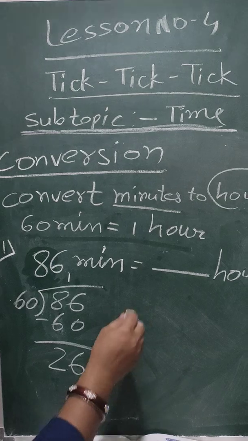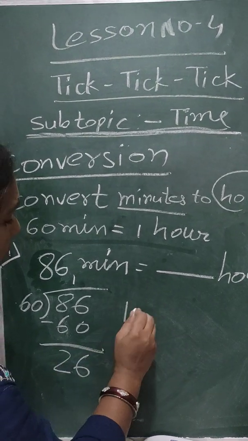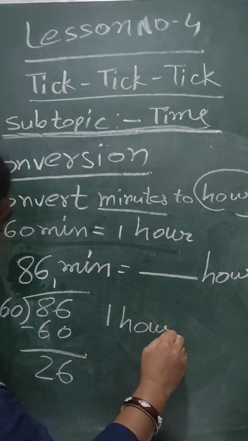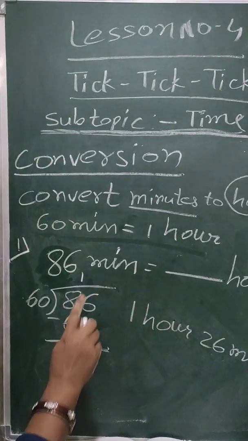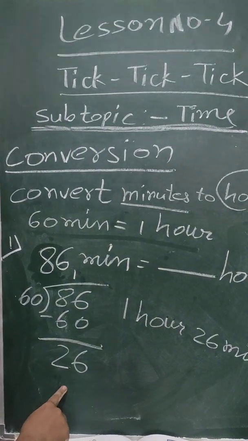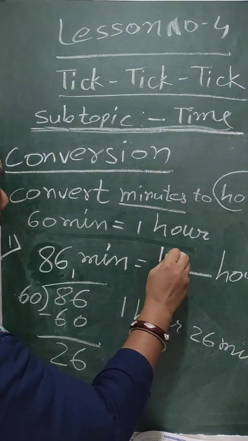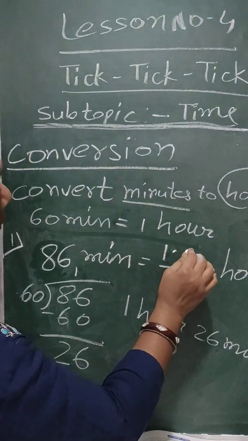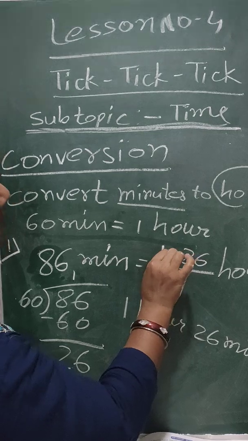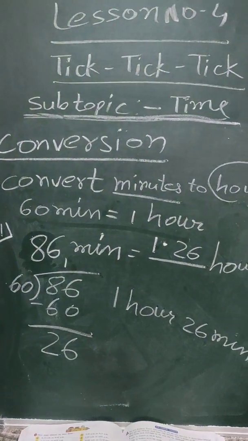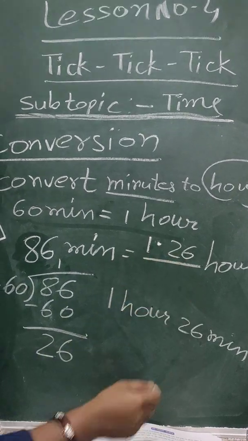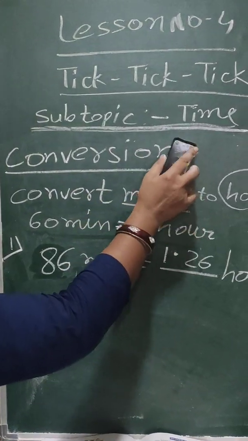We can write 1 hour 26 minutes. Yes, it is 1 hour 26 minutes. Means we will write it as 1.26. You can write 1 hour 26 minutes as 1.26.